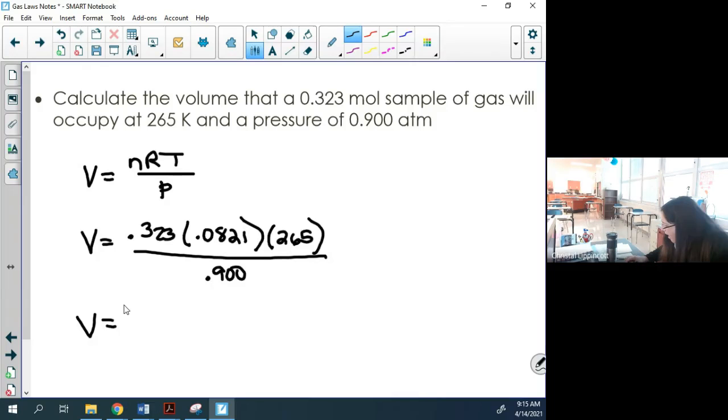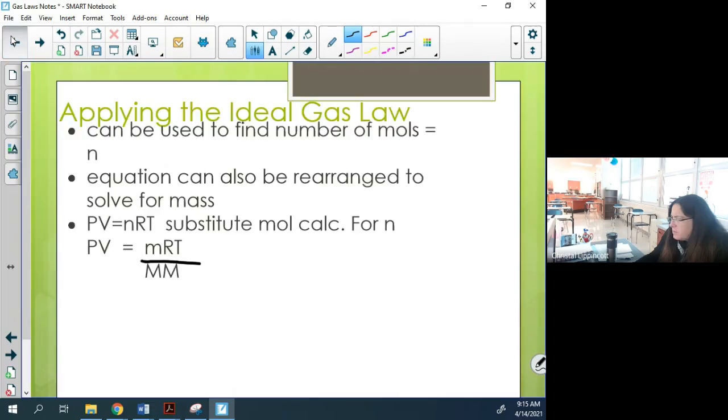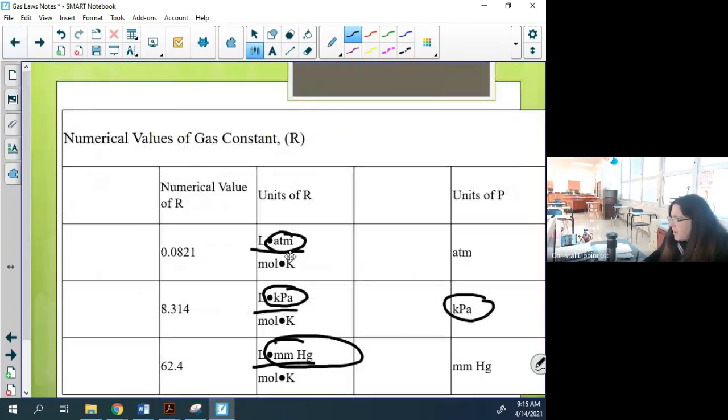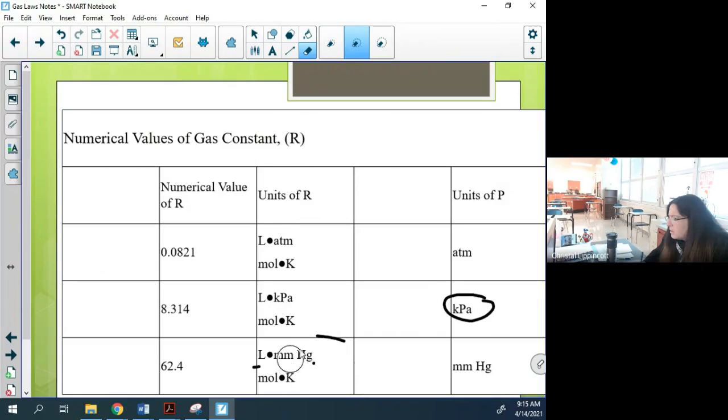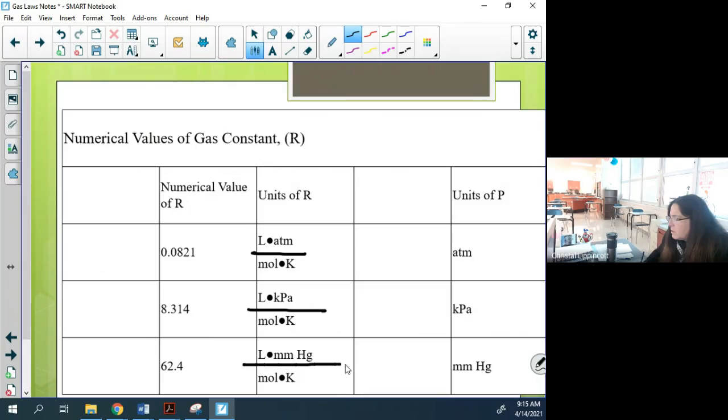Do I want the temperature in Kelvin? It's already in Kelvin. Do I want to keep it like that? Yeah, you have to have it in Kelvin. And you know that because if you look back at your gas constant here, your gas constant has that Kelvin listed in it. Okay. R is 0.08.